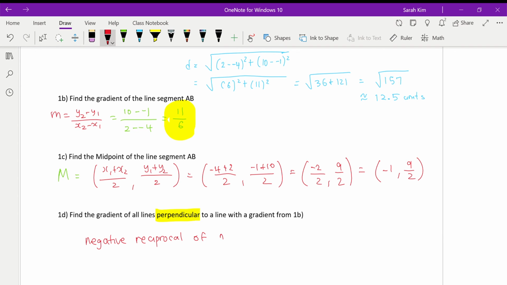So m is 11 over 6. Therefore, gradient of perpendicular line will be m equals, first of all, flip the fraction, 6 over 11, and then just add a negative. So negative 6 over 11. Done.